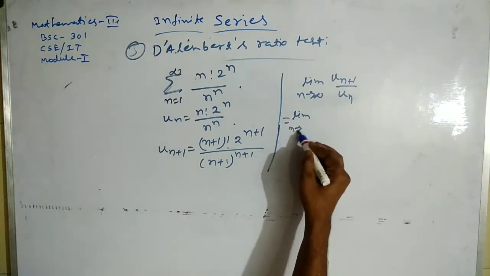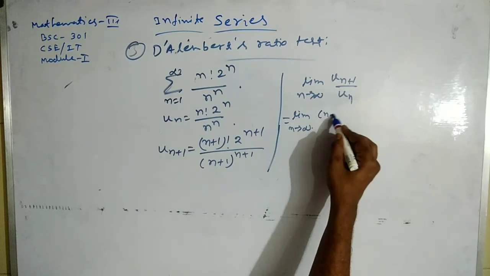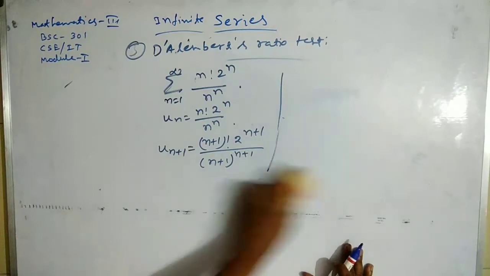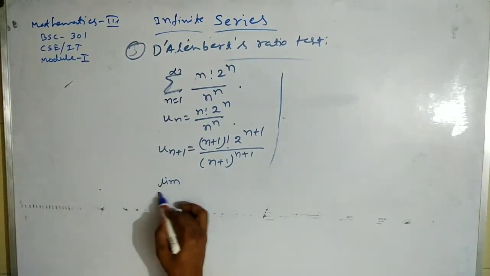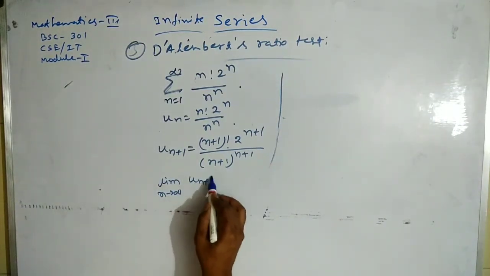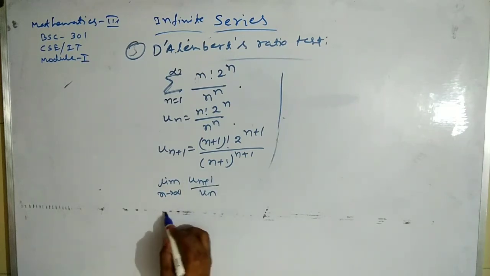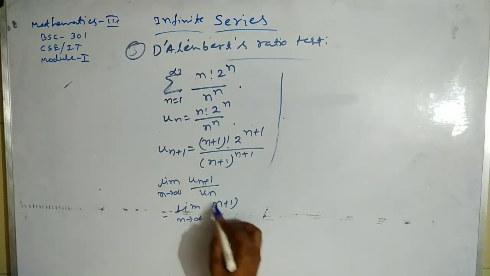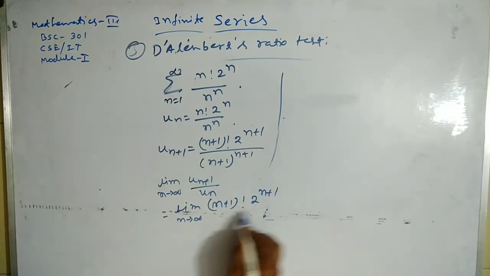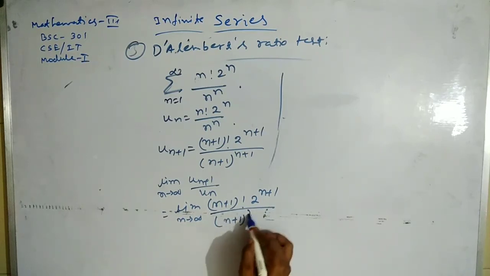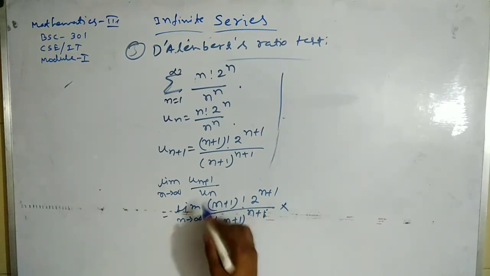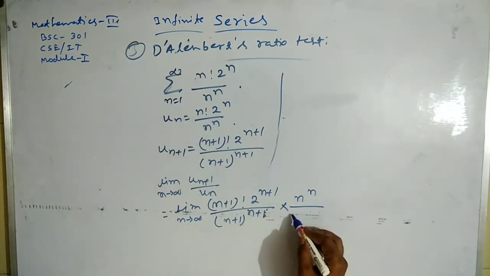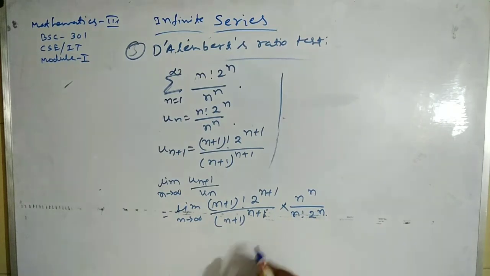So limit n tends to infinity un plus 1 by un equals limit n tends to infinity of n plus 1 factorial into 2 to the power n plus 1 by n plus 1 to the power n plus 1, and by un, so I am writing the reciprocal of this: n to the power n by n factorial into 2 to the power n.